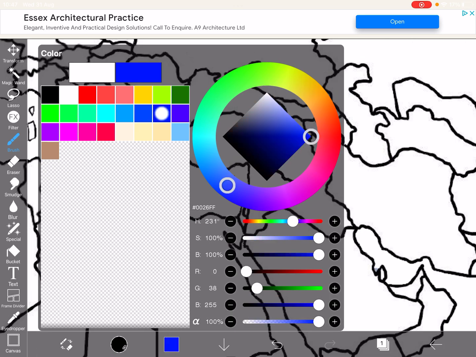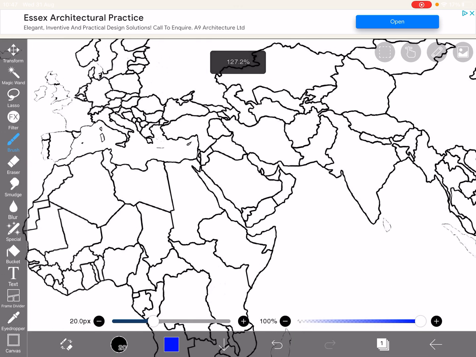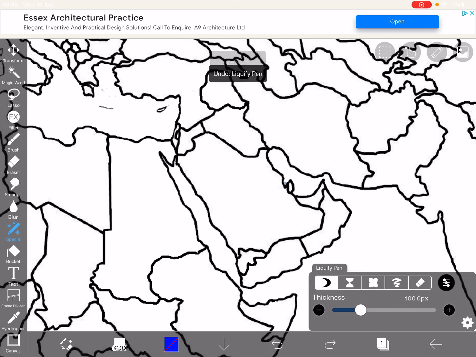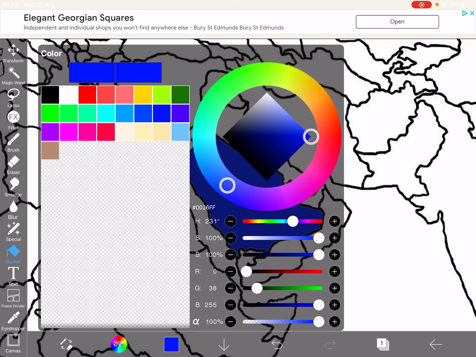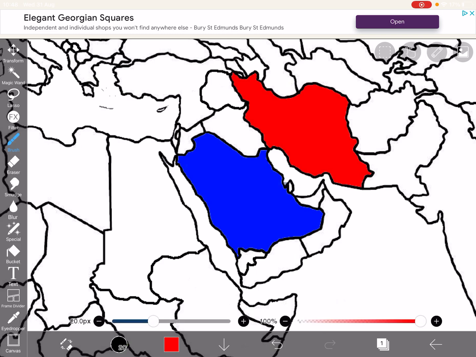So the first thing we see is it breaks out, finally, a huge war between Saudi Arabia and Iran. Now, these two hate each other. They're like Russia, they're like the USSR and America in the Cold War. They hate each other.